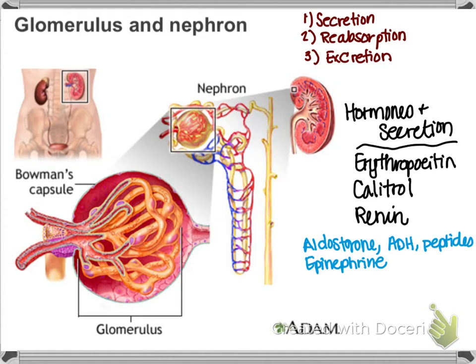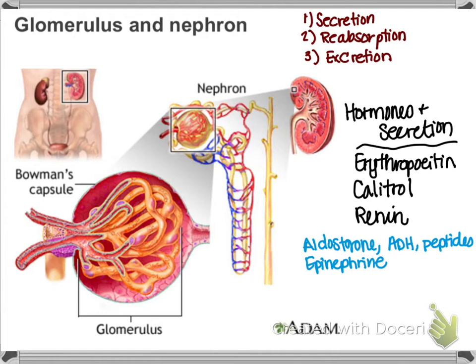If you're being chased by a bear, you don't need to have the urge to go pee, so you need all that blood helping you run. So that's a little bit of how the hormones in the kidney and epinephrine are connected.